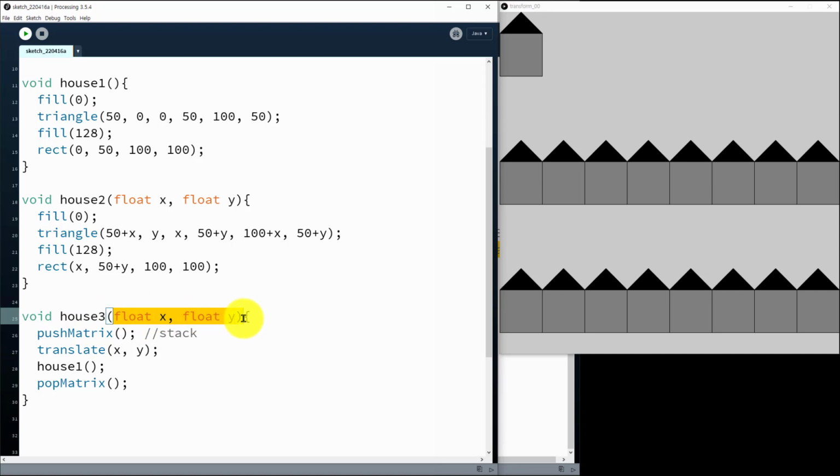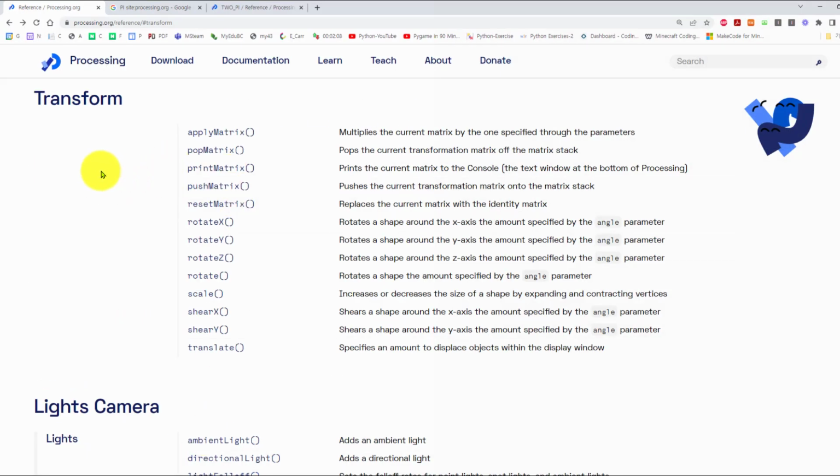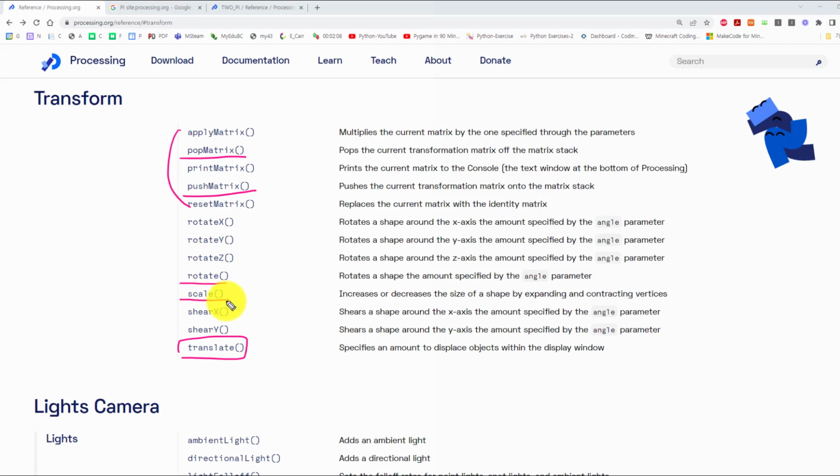To draw at a different point using translate. That's why we need to learn the transform matrix. As I told you, there are several groups of functions, and all of these are for matrix. I have used pushMatrix and popMatrix here, and I have introduced you to translate. You can learn rotate, and you can use the rotate and scale functions soon.